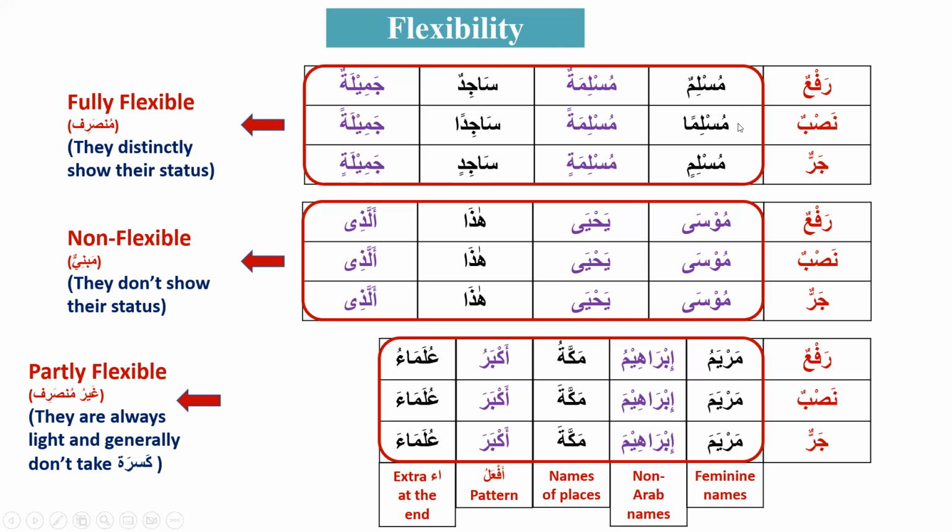Is it a doer, the one who is doing the action? Or is it the one who is receiving the action? Or does it have some other role in the ayah? So determining a role can be done with the help of knowing the status of the word.